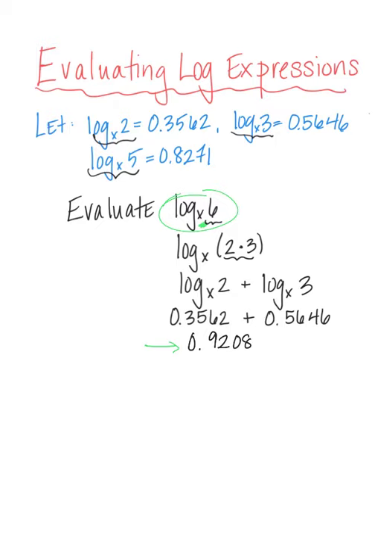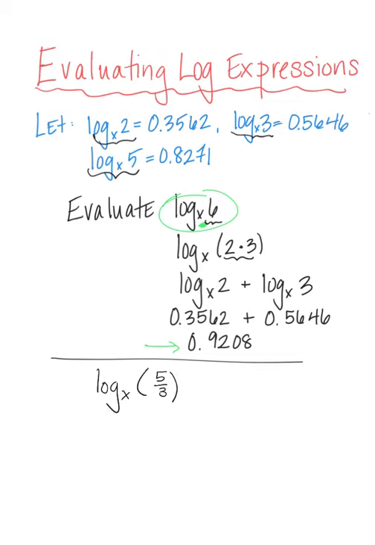Okay, let's try another example. I'd now like you to evaluate a ratio. So we're going to look at log base x of 5/3. Now, if you remember your log properties, a quotient is the same thing as a difference of two logs. So I need to start by looking up here.